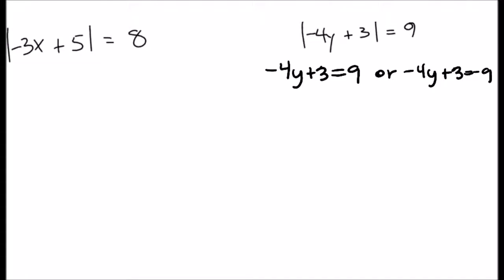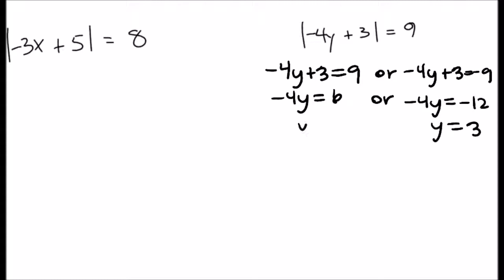All right, and now I'm going to subtract 3 from both sides of both equations. I'm getting y equals 3 and y equals negative 6 divided by 4.